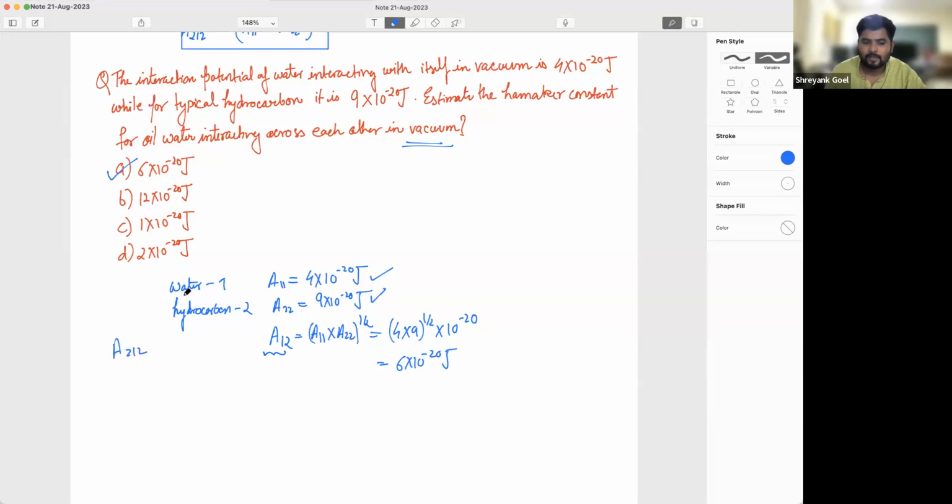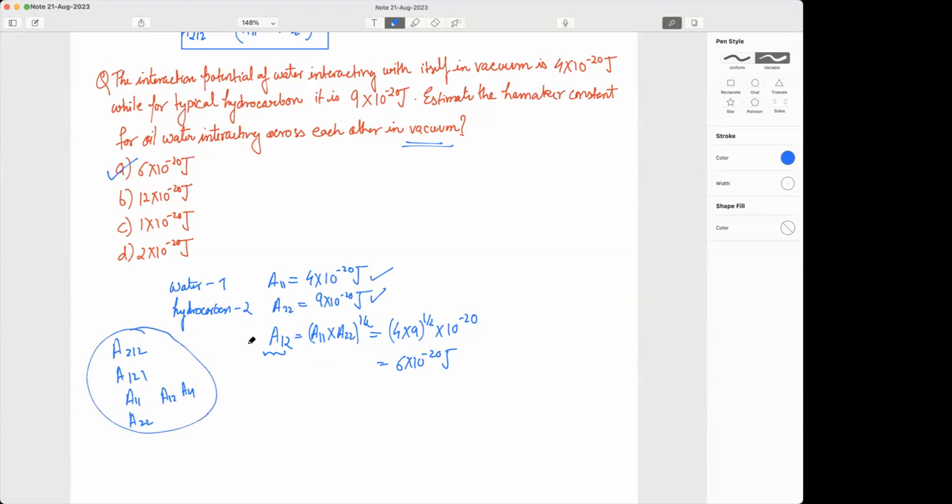If I say the interaction of water with water in the presence of hydrocarbon, then I have to find A121. For water, A11 in vacuum. For hydrocarbon, A22 in vacuum. Hydrocarbon and water, then A12 or A21 in vacuum. Did you get that? Okay, sir.